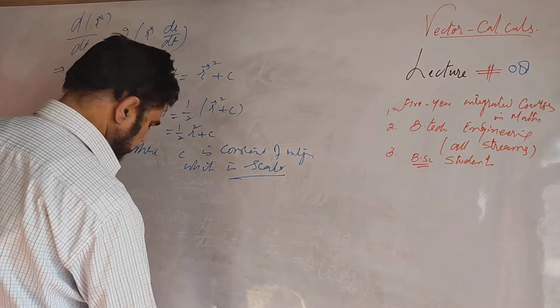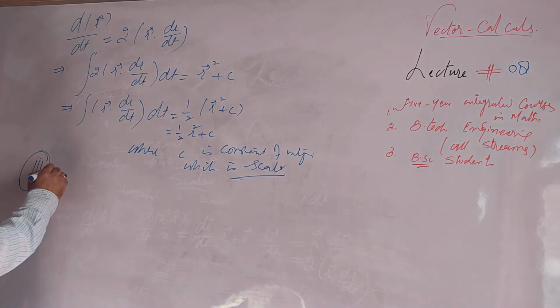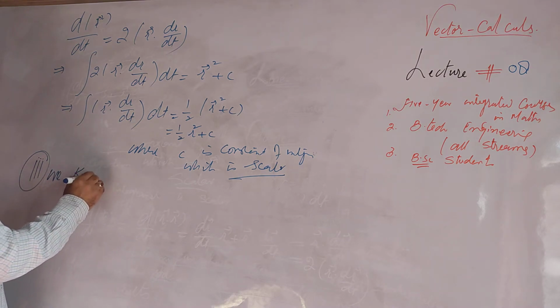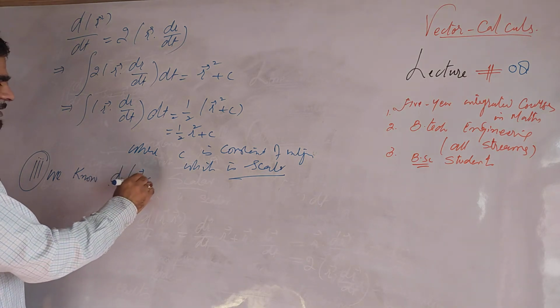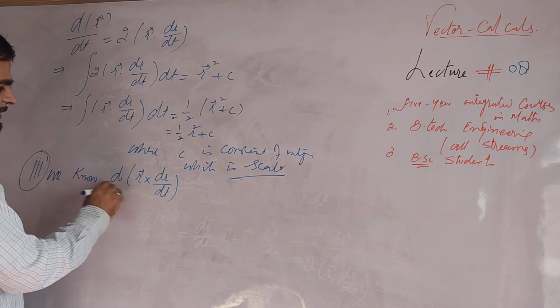Next, you will remember the third point that we may require here. I want to touch this point. We know the derivative of vector r cross dr by dt with respect to t.